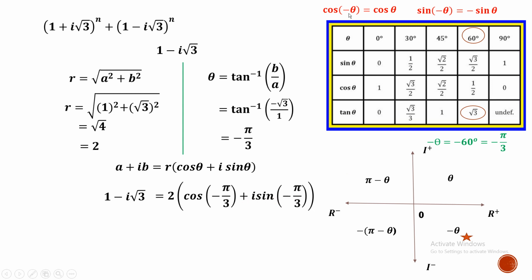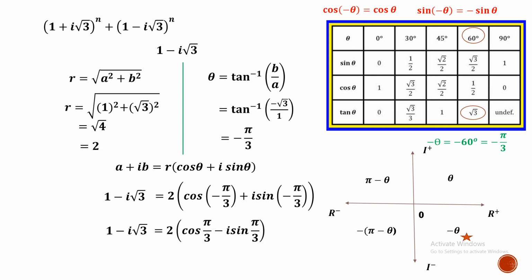So for cos of minus pi by 3, we can write cos of pi by 3. For sine of minus pi by 3, we can write minus sine of pi by 3. So 1 minus i root 3 will be equal to 2 into cos pi by 3 minus i sine pi by 3. Now we have converted the second complex number also into its polar form.